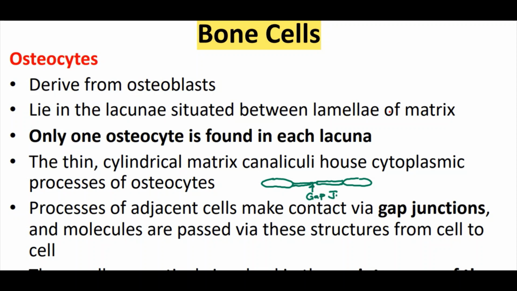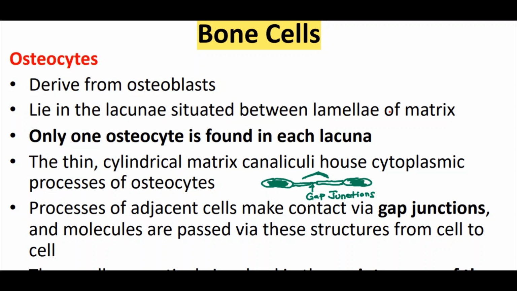So there is communication between two osteocytes via their cytoplasmic processes, and the processes communicate via small junctions between them, which are known as gap junctions. So this is the osteocyte here, giving the cytoplasmic processes. These cytoplasmic processes lie in a canaliculus and they communicate via gap junctions. Everyone should know this. This is very important.